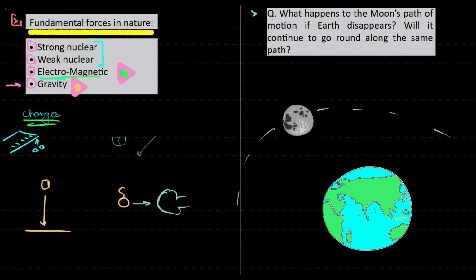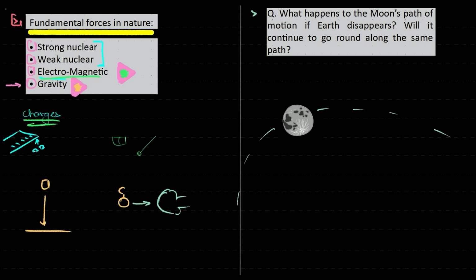So if by chance Earth disappears, what will happen to the moon? Will it continue to go round with an imaginary Earth as its center, or will something else happen? So we're going to try to understand and answer this question. That's what we're going to do with the help of this chapter.